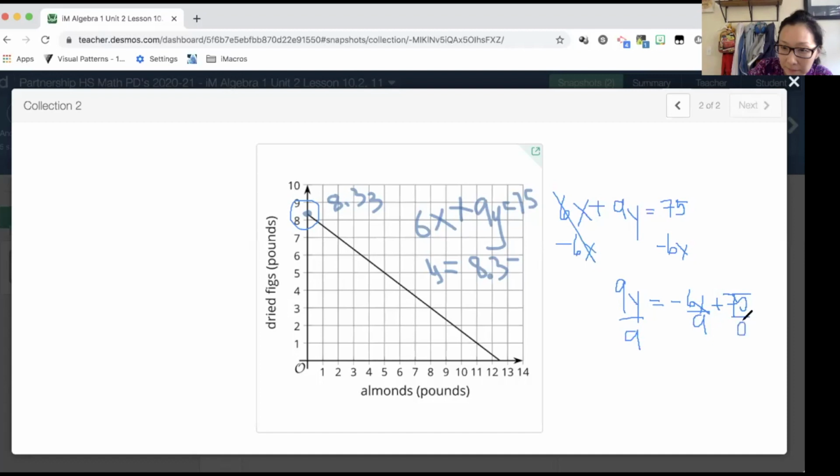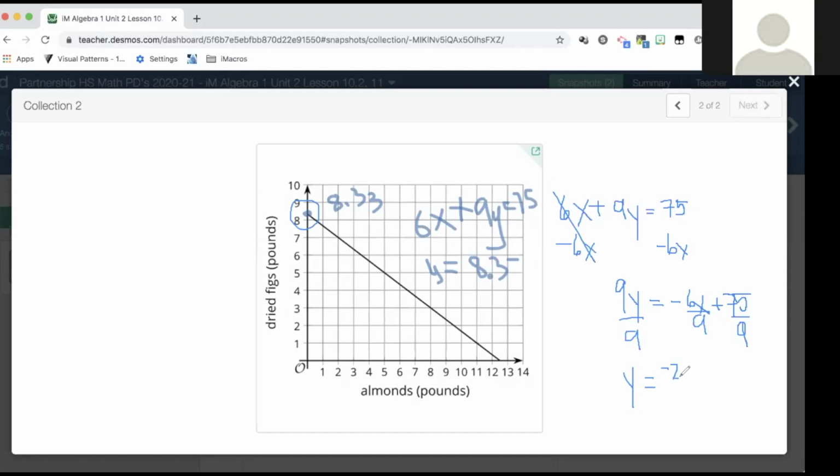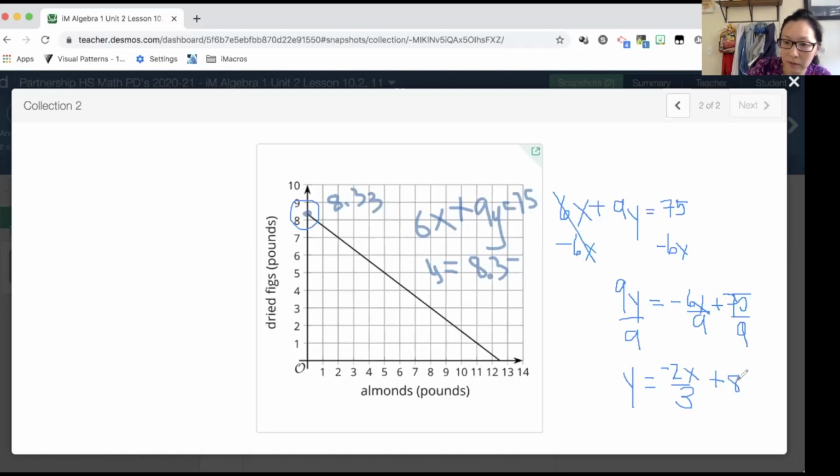All right. So what do you get then? Yeah, you get y is equal to, and then this is the one we got, negative 2x over 3, and then plus 8.33. All right, you divided that one.